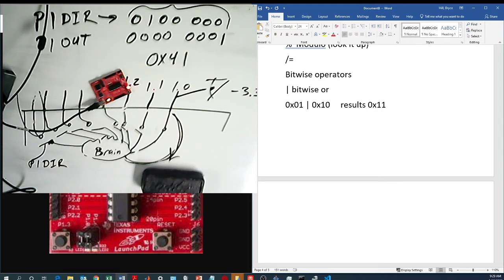Why does it do that? Well, let's take it back to binary. Binary 0, 0, 0, 0, 0, 0, 0, 1 is the first one. And then we're going to OR it with binary 0, 0, 0, 1, 0, 0, 0, 0.